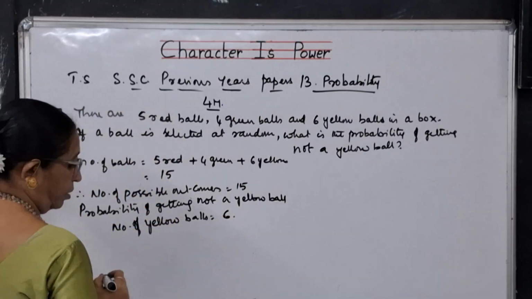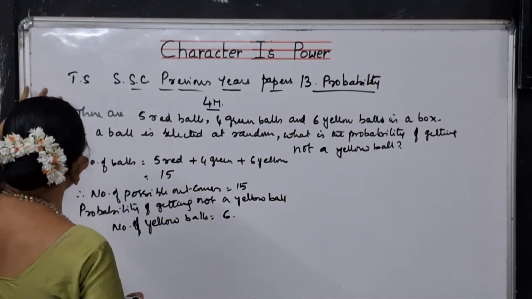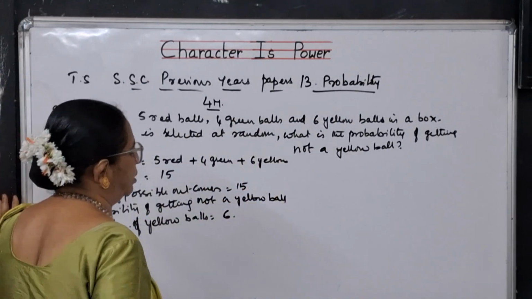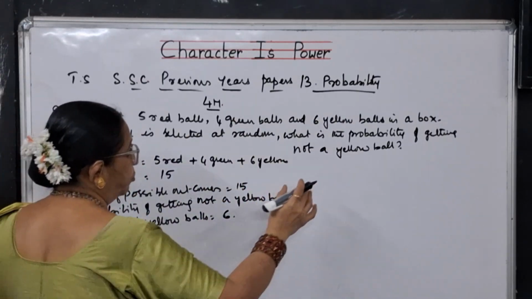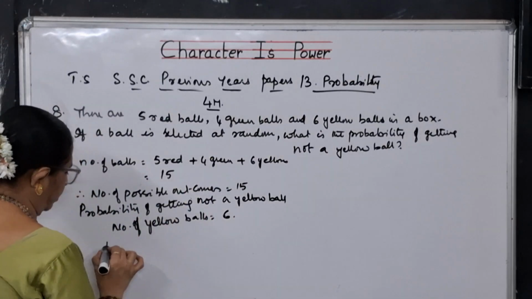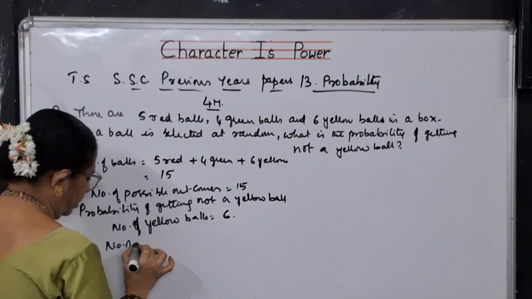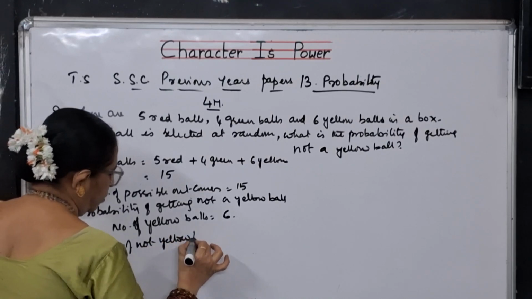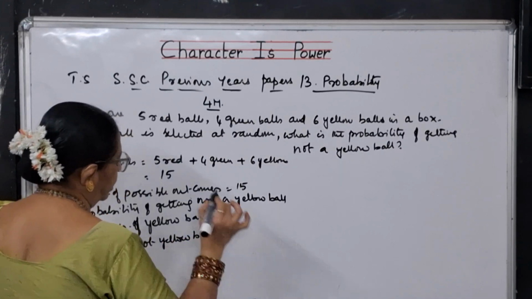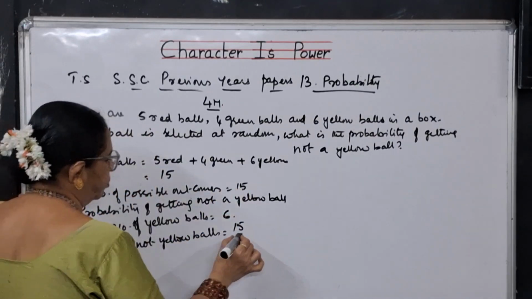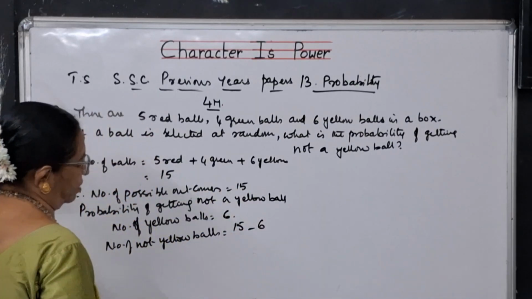This I should take as the 8th sum, children. This is the 8th problem. Same problem as the first one, we had a yellow ball, now not a yellow ball. So the number of yellow balls is 6. The number of not yellow balls is, from 15, the total number of balls, you have to remove 6.